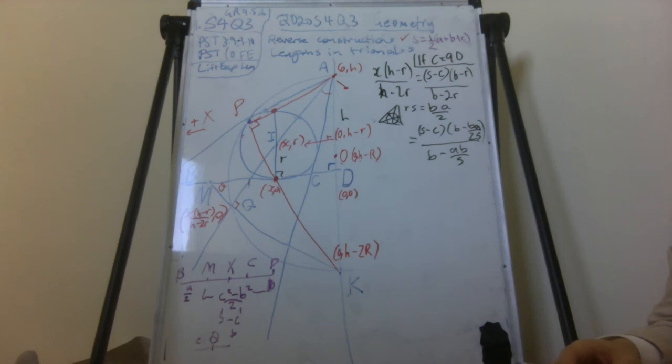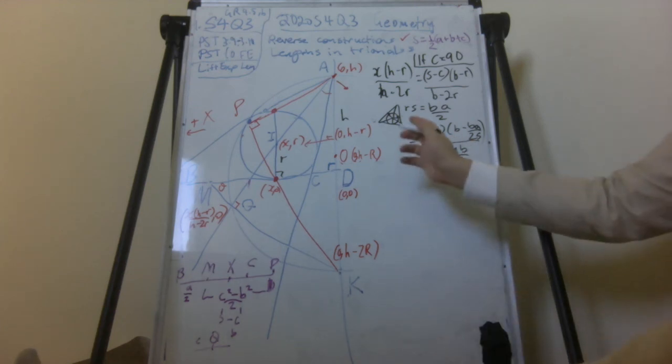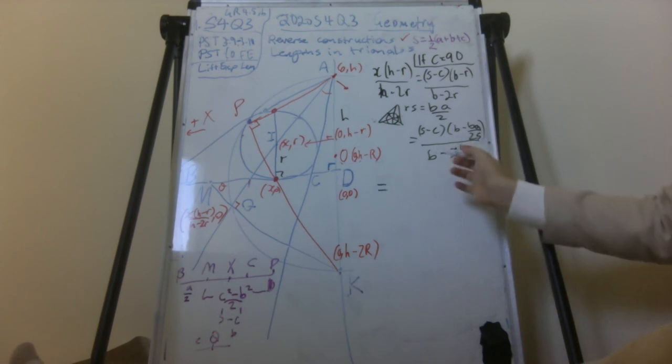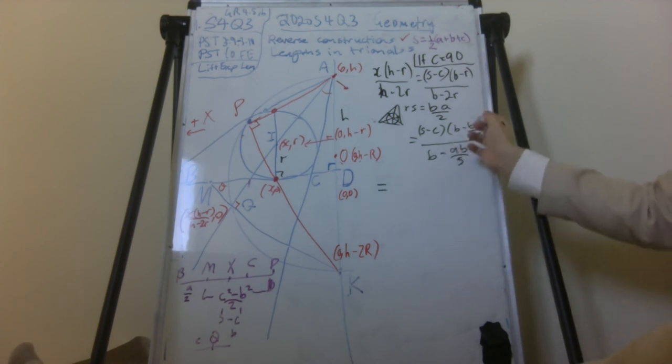Okay, and then everything's in terms of A, B, and C, because S is C. So now it's all what you want. It's just a simplification now. You can do some obvious stuff: clear denominators, cancel the B's.